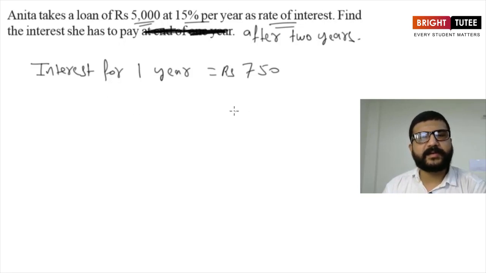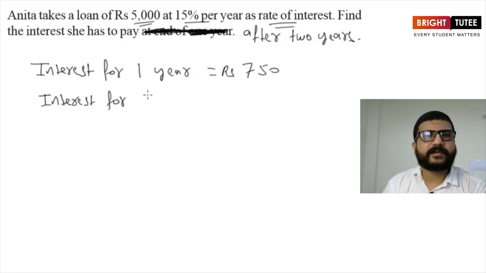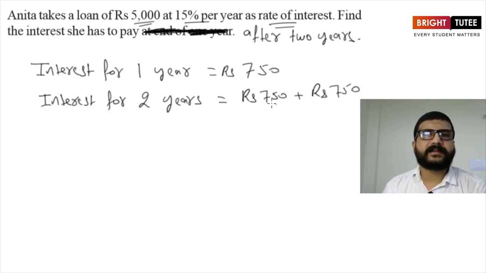It will be 750 only. So we can say the interest for 2 years will be rupees 750 plus rupees 750, that is, interest of the first year plus interest of the second year. Now this will be equal to 1500.